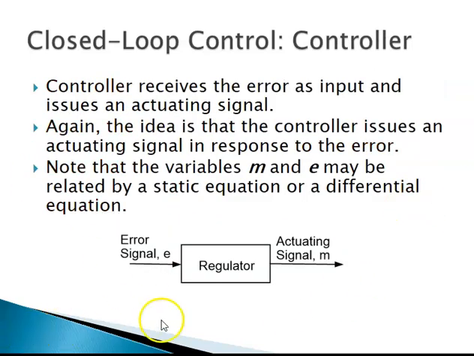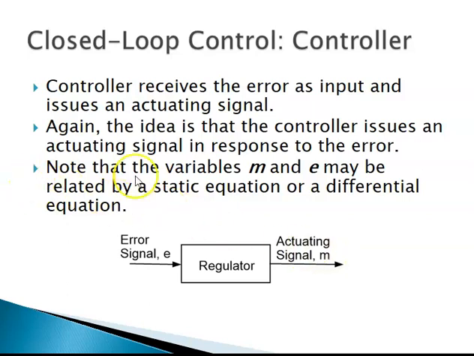We'll look at the second block, which is a regulator. The regulator receives the error signal and gives an actuating signal. This we may call manipulated variable also. Okay, error signal is the input to the regulator. Actuating signal, that is manipulated variable, is the output from the regulator.